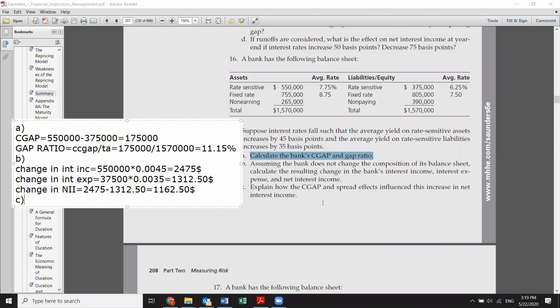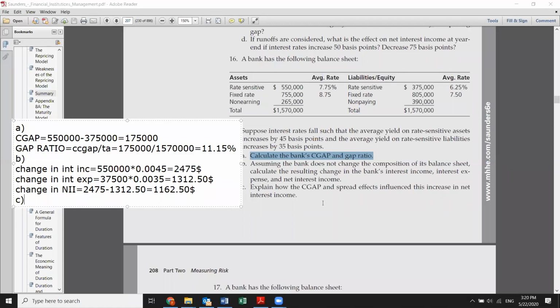That is, the cumulative gap was positive as we found it in part A, and the interest rate increased. So with a positive cumulative gap, it works to increase the net interest income. That shows that change in interest income is more than change in interest expense.